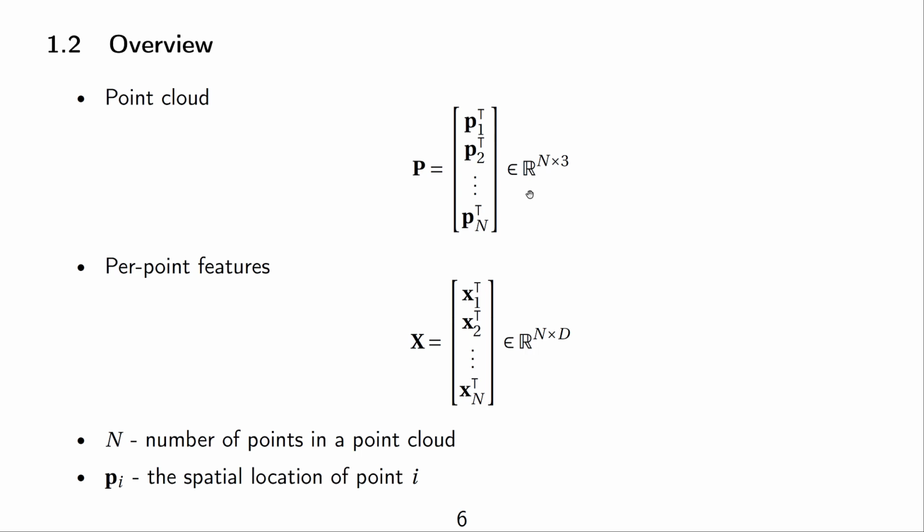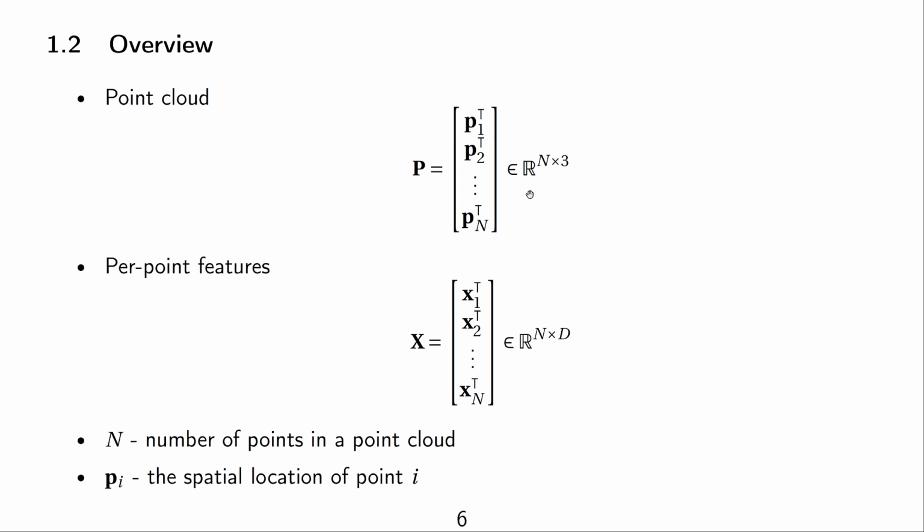With Pi, we denote the spatial location of point i, and the spatial location has 3 dimensions. We also have per point features. Per point features can also be encoded in a matrix, and each point i has a corresponding feature vector xi.